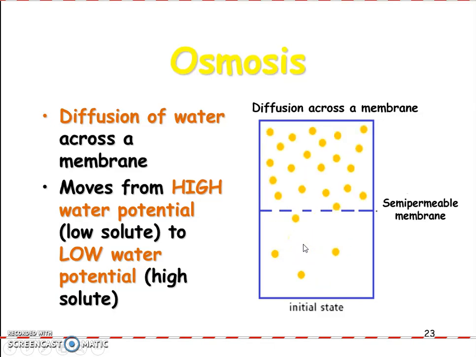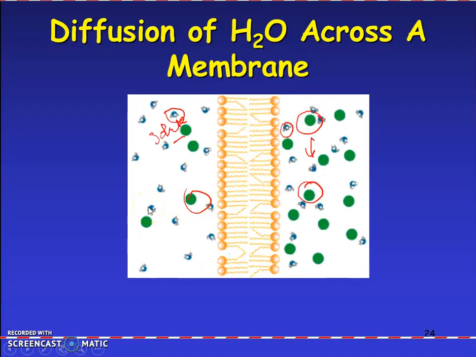So that is osmosis. Let's see in more detail the diffusion of water across the membrane. Here, this is the membrane, these are the water molecules, and these green ones are the solute. You can see which side has more water potential. The side to your left has more water potential, but the solute is more towards the right.